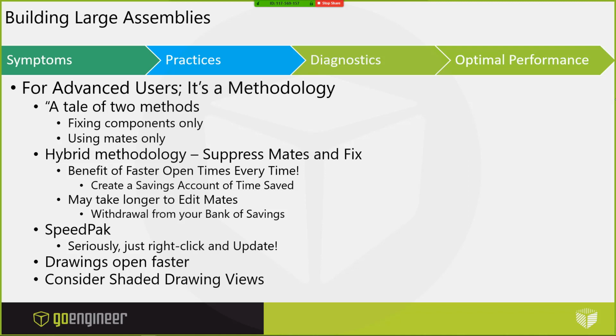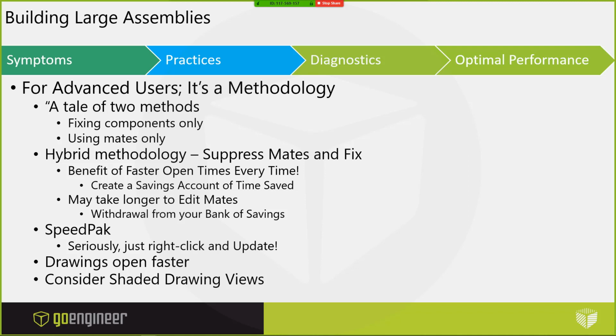And then we can go ahead and fix everything in place. When we have everything fixed, it suppresses all of the mates that were already created, giving us almost like a configuration of the model where everything is fixed.